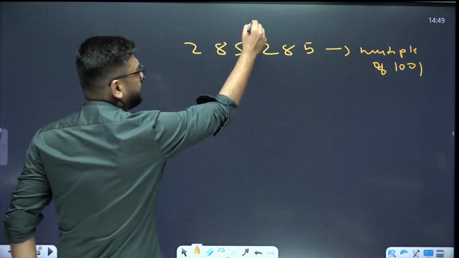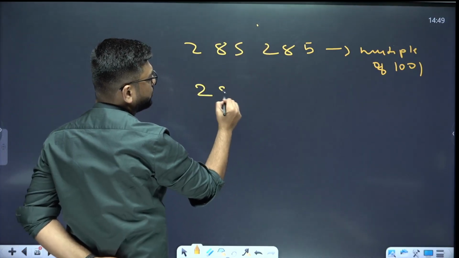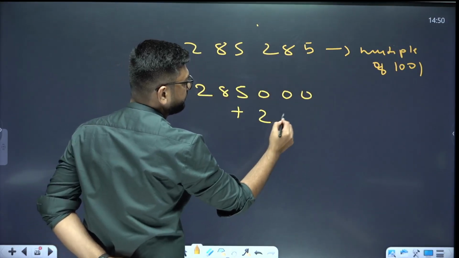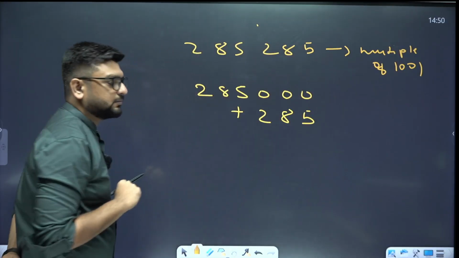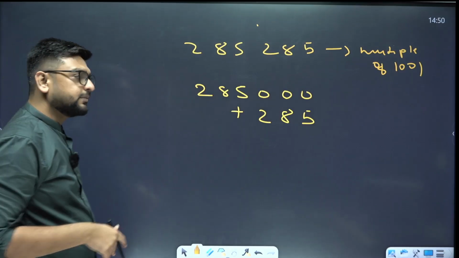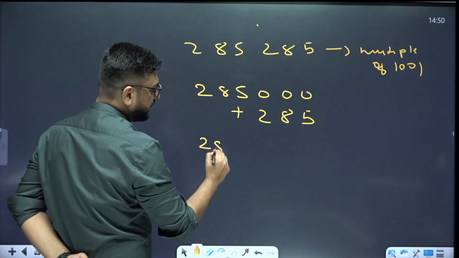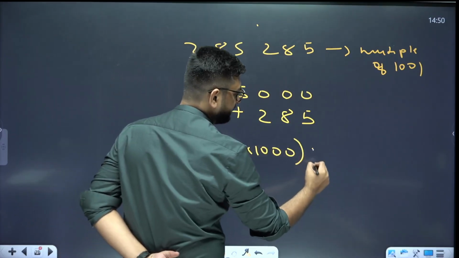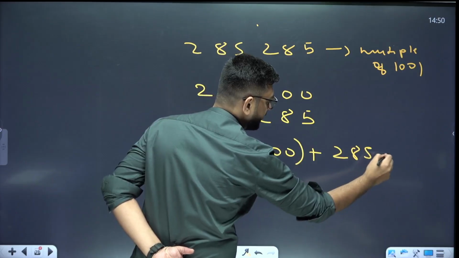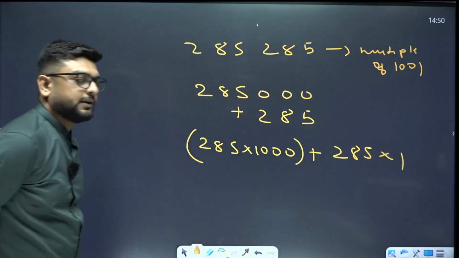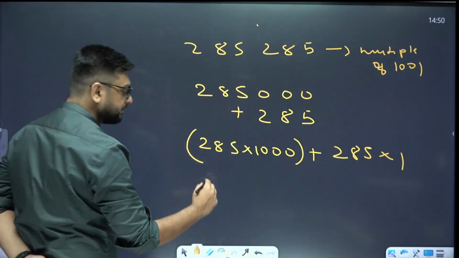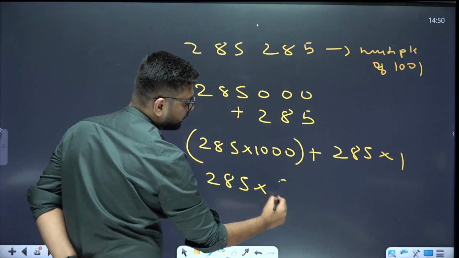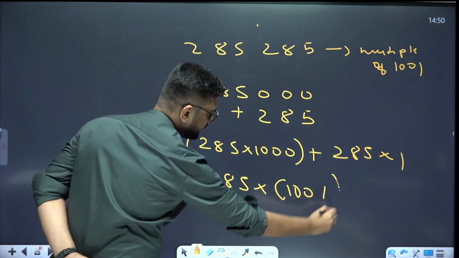Let's see. Can I write 285,000 plus 285? Okay? Can I write it in this way? Now, can I write 285 into 1000 plus 285 into 1? Okay? Now, taking 285 as common, this can be written as 285 into 1001.